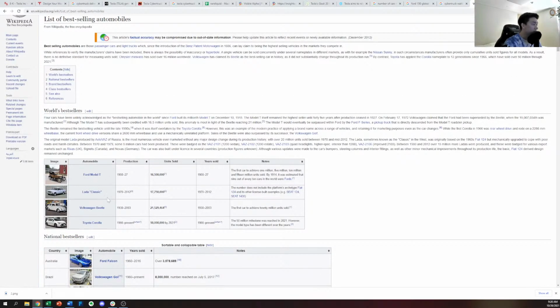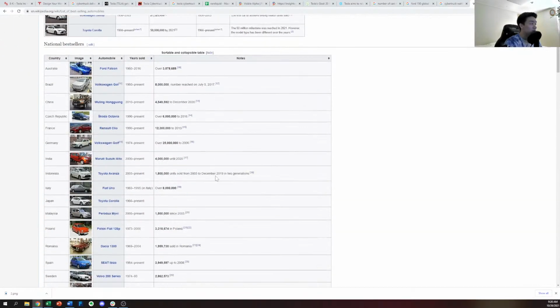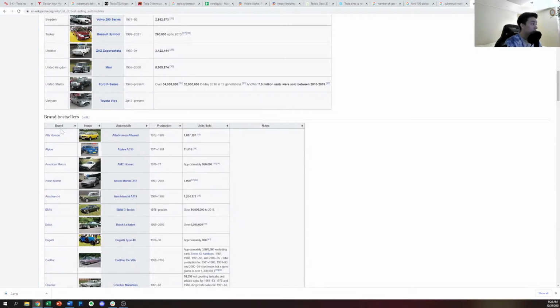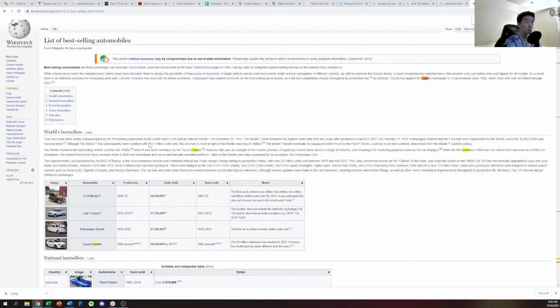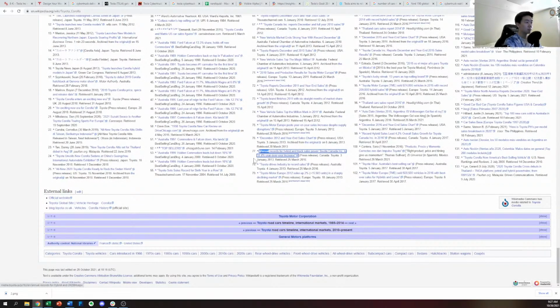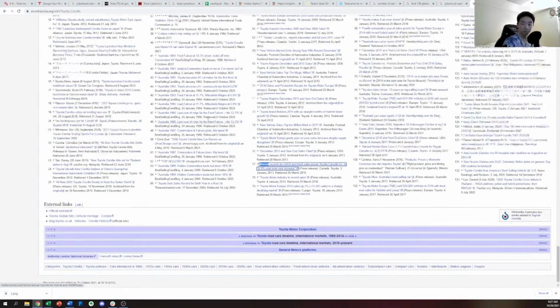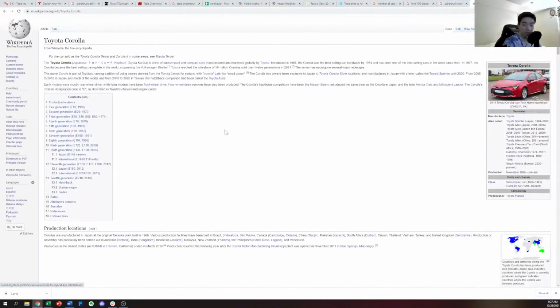Okay, Ford Model T, obviously not. Toyota Corolla, 50 million units by 2021. So what's the annual? Looks like the Toyota Corolla is the most popular though. Model 3 and Model S, yeah, I agree.